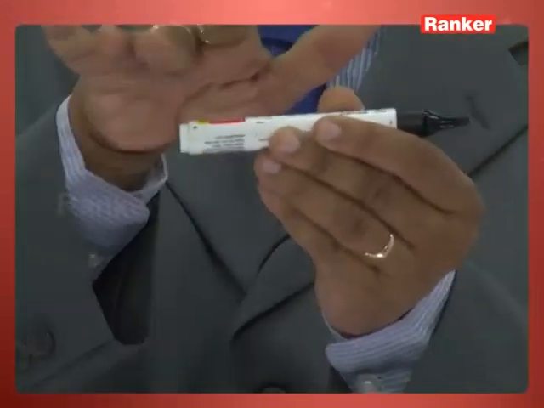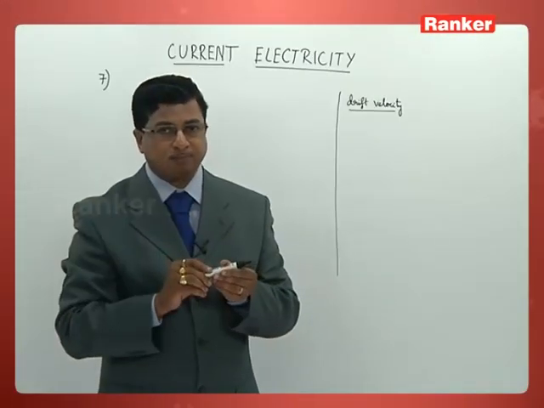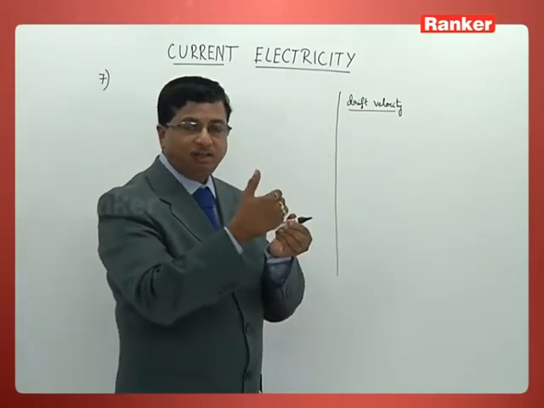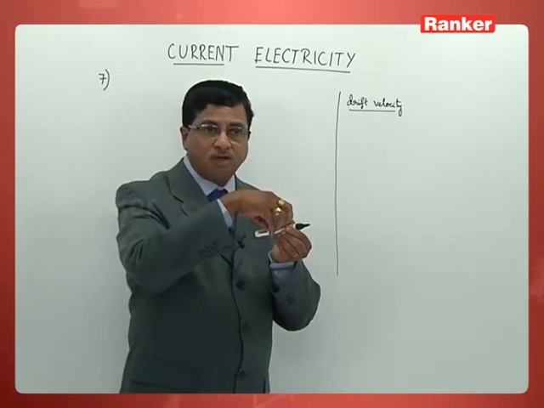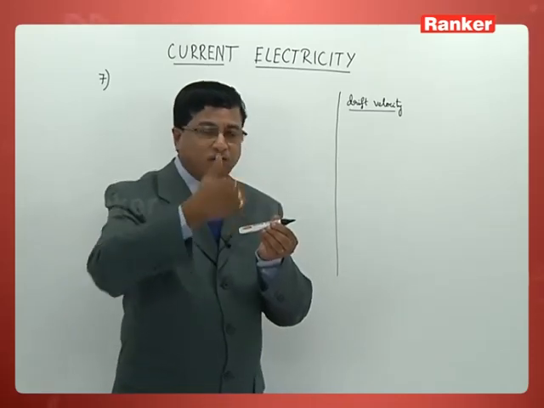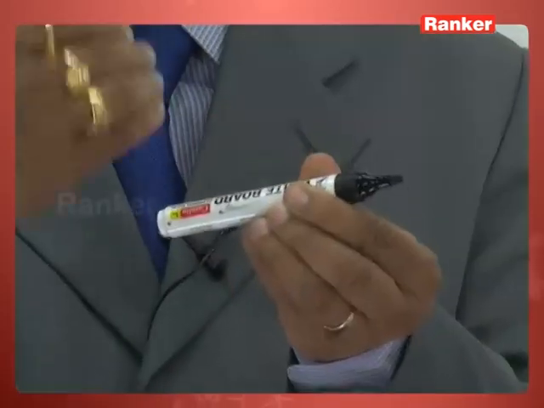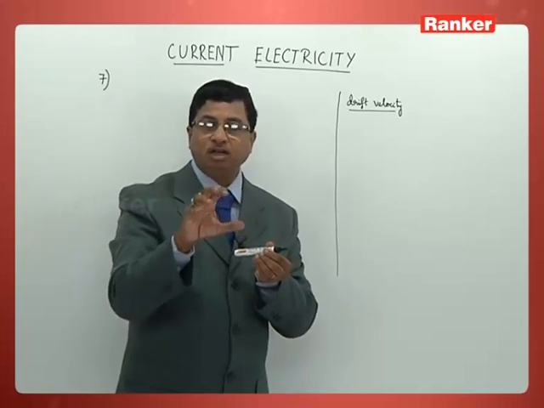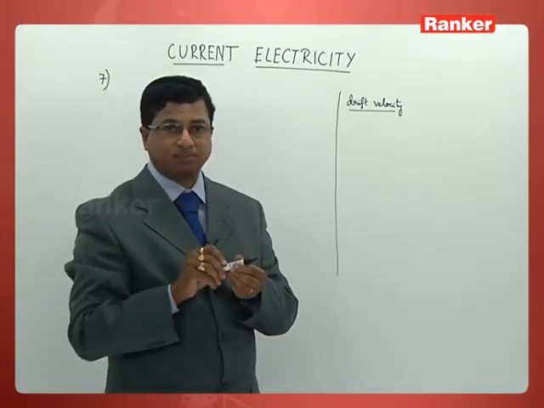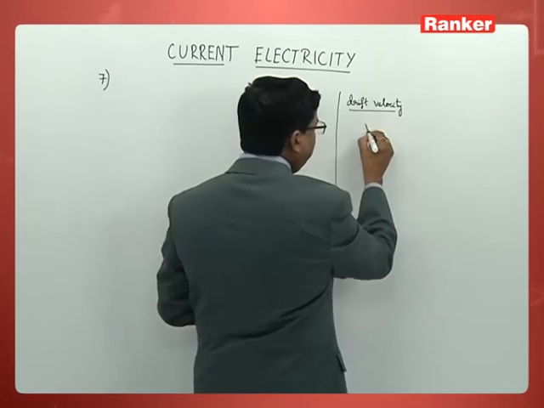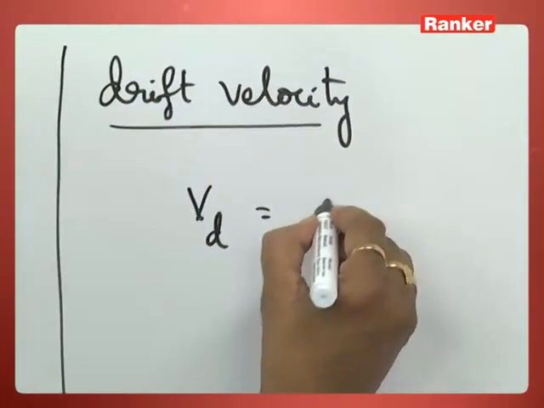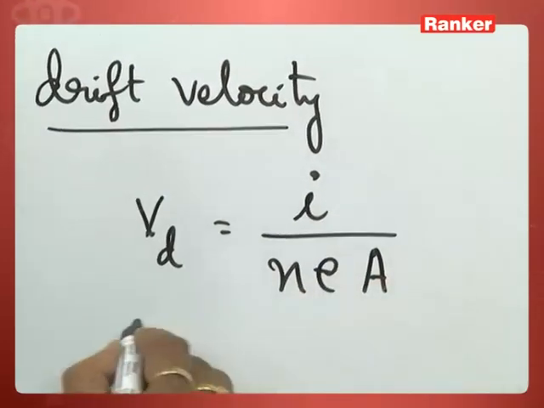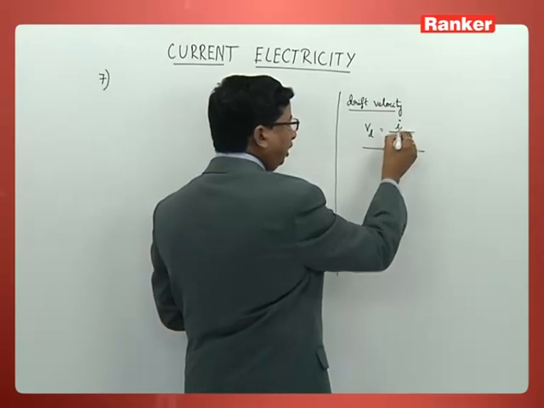Along the surface of the conductor, current flows. Now in this particular case, the velocity with which the electrons or holes are drifting from one end to the other end, that velocity we call drift velocity. If I take drift velocity as Vd, its formula is I by NEA. First recollect this formula.